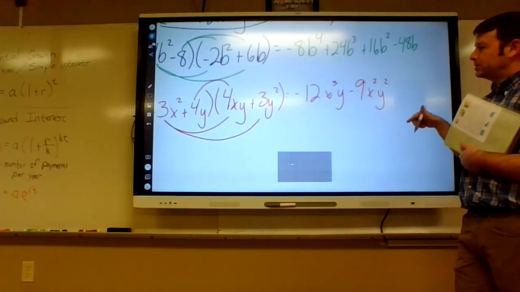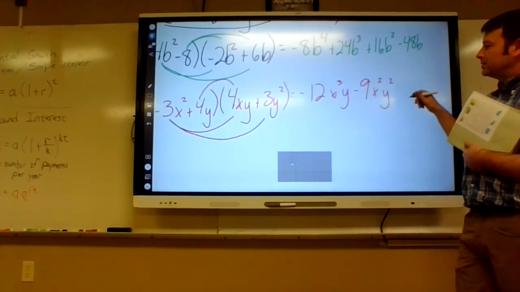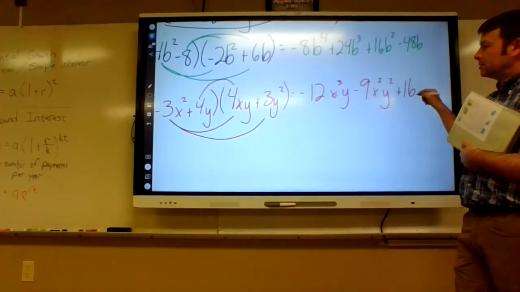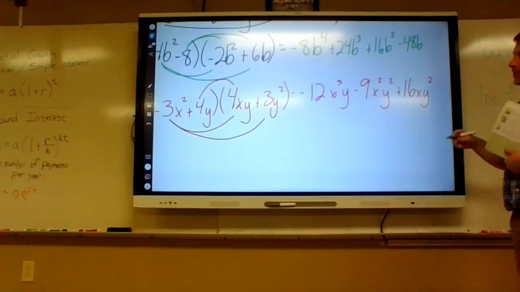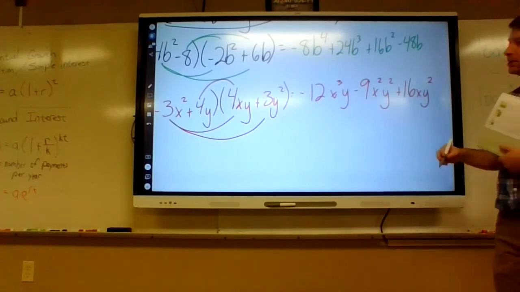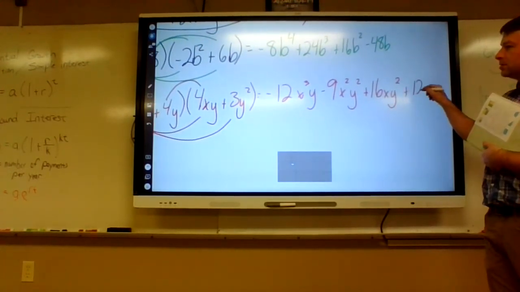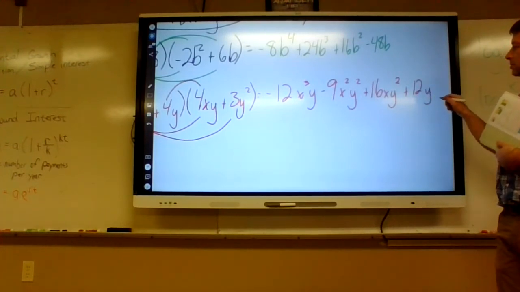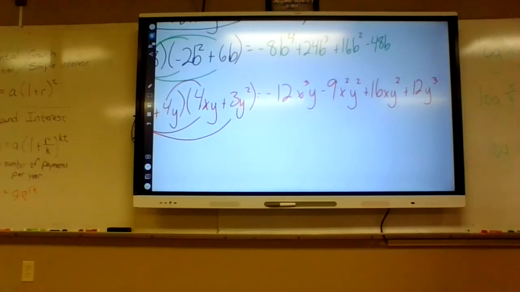Would it be 16 x y to the second? Good job. And then Willow. 12 y to the third. Okay. Can we do anything else? No, they're all different again, so that's it. Yay. Good job, girls.